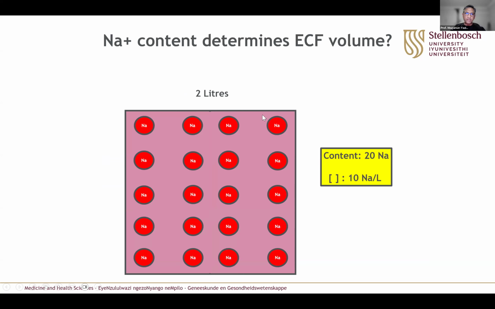So we now have 2 liters. The content of sodium is now 20 sodiums for 2 liters, but the concentration is still 10 sodiums per liter. In other words, you can see here visually that this compartment has doubled in size because the content of sodium has increased, yet the concentration has remained unchanged. So sodium content determines the size of the ECF compartment.